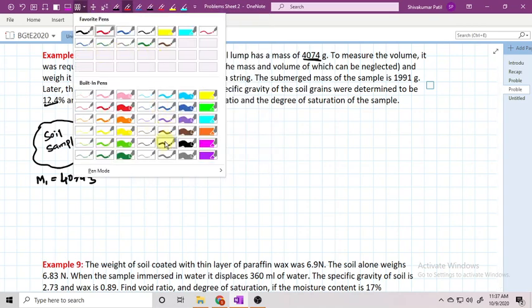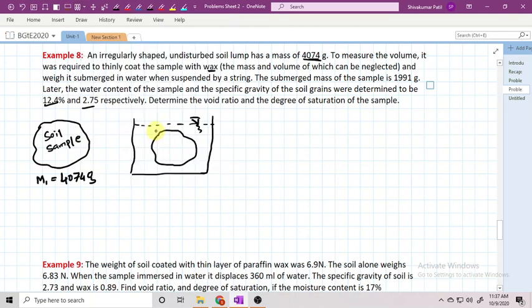Let me take chocolate color. This is the wax coat around the soil sample, and some string will be attached to it.